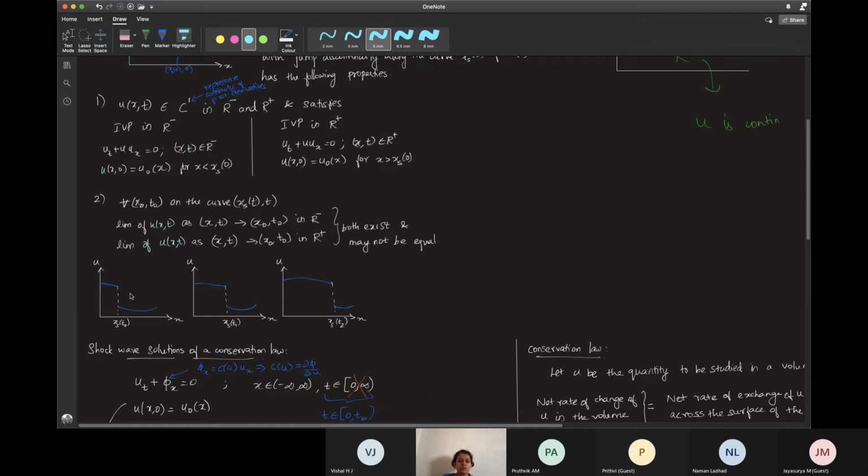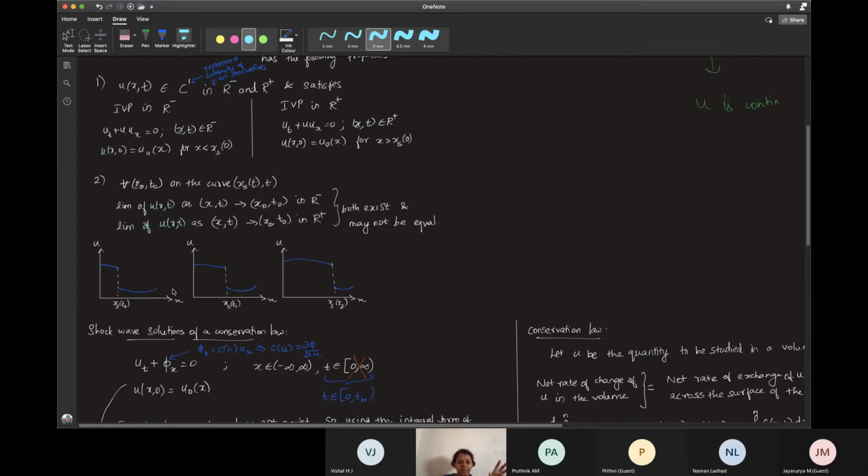So this is how the solution will be. This is some general solution, and this is your discontinuity. You have some u defined on the left side and some u defined on the right side. This discontinuity is moving with some speed. For each and every (x, t), this discontinuity will move with some speed.